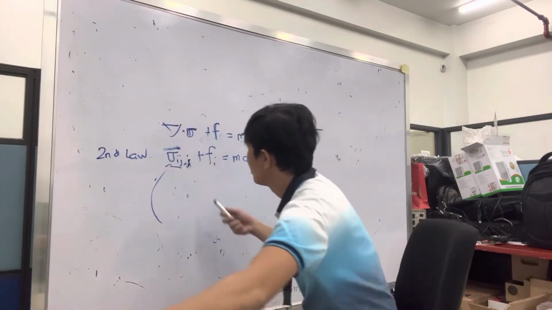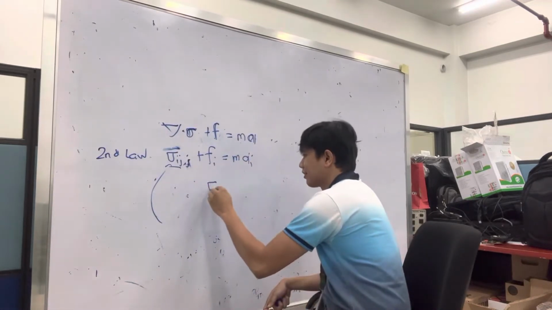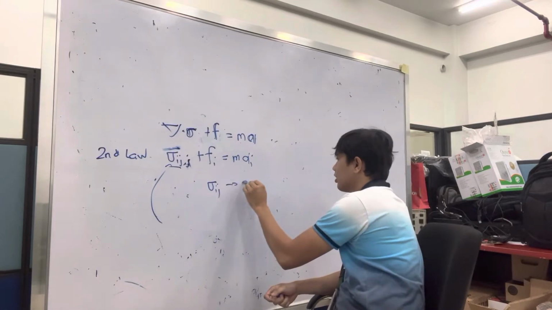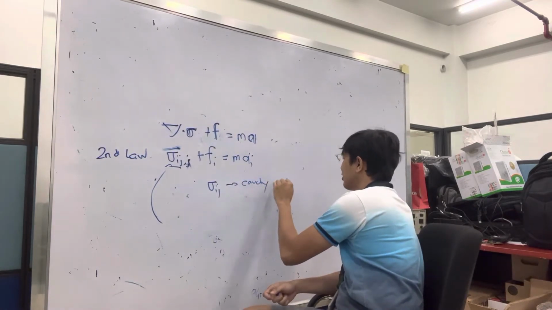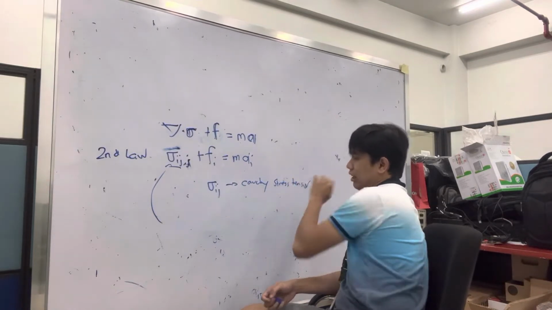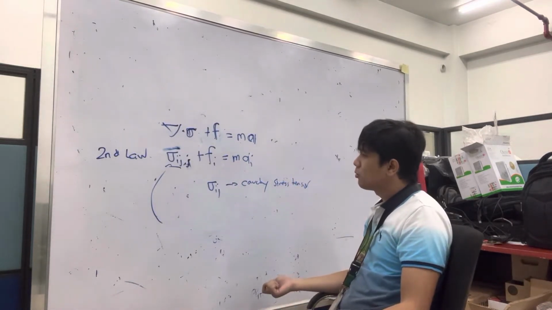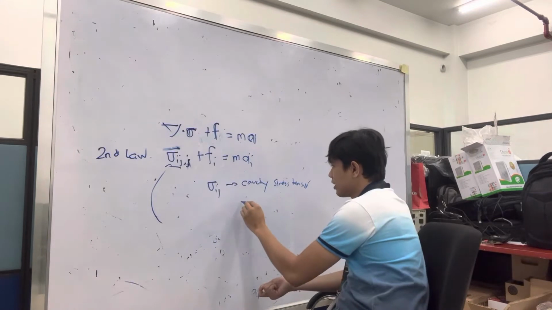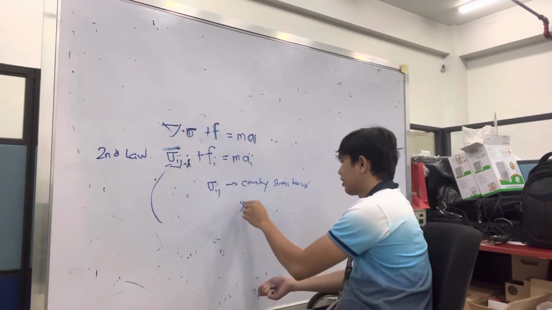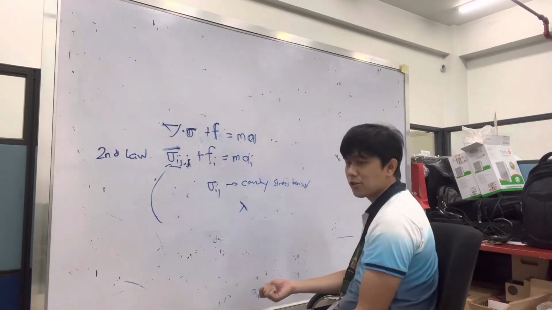So, itong sigma ij is what's called yung Cauchy stress tensor. So it's mainly divided into two terms. Yung first term is yung Lame's constant for bulk viscosity.